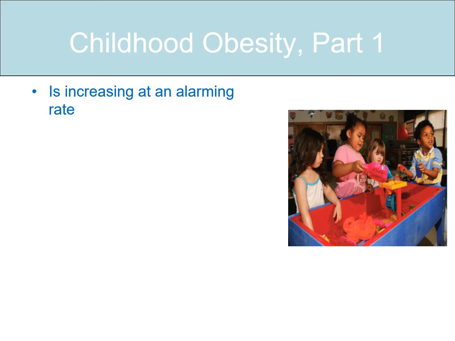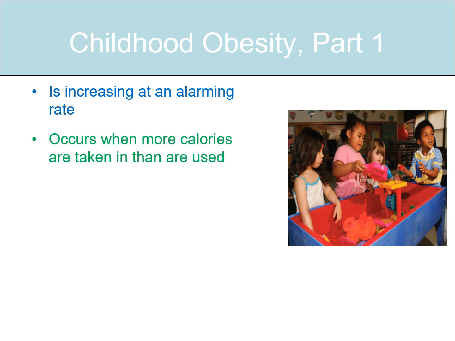So the demographic that's increased the most with these changes has been childhood obesity, and it's increasing at an alarming rate. It occurs when more calories are taken in than are used.